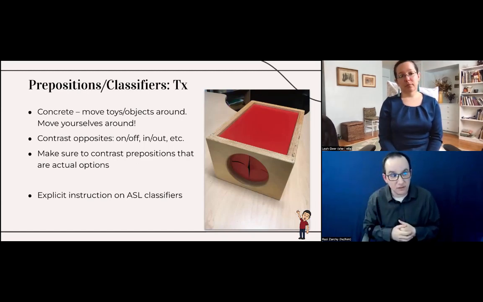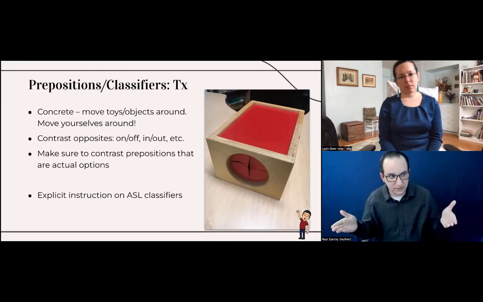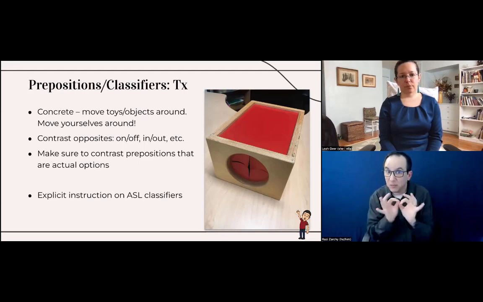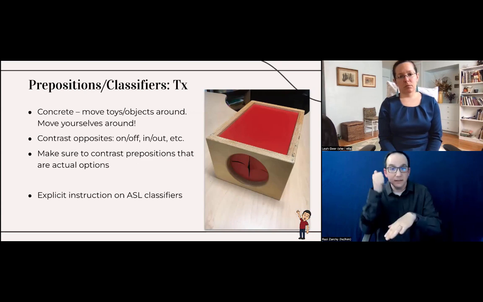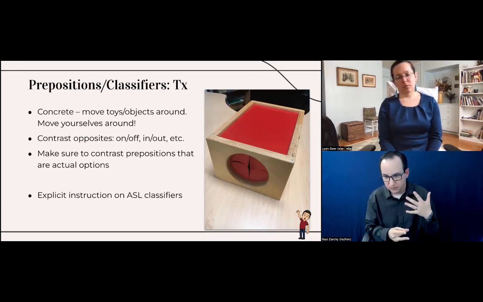For spatial context, related with classifiers, many of our children think very concretely and need physical, actual movement of things. But what's important is that you don't just set up an activity where they have a contrast between two spatial options.